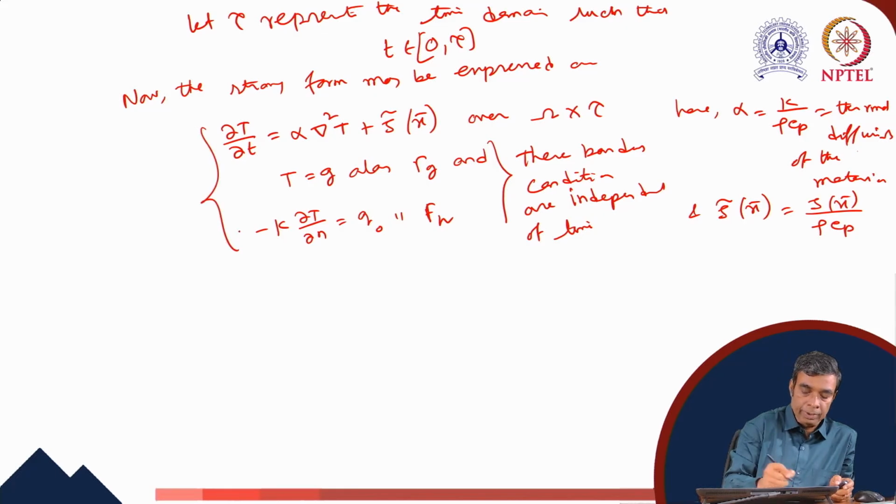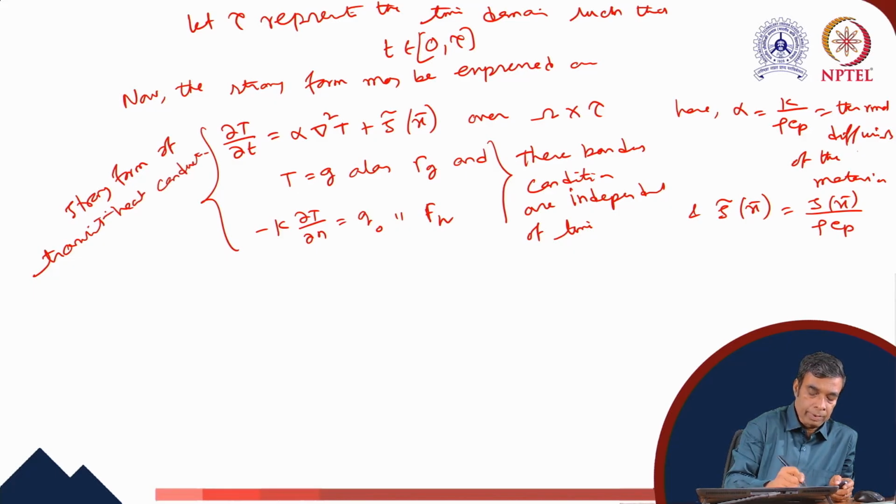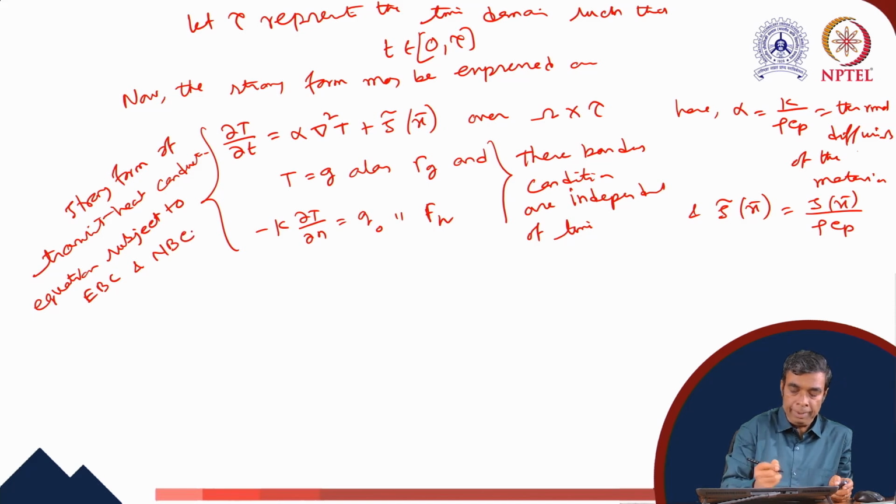So this is the strong form of the transient heat conduction equation subject to EBC and NBC.